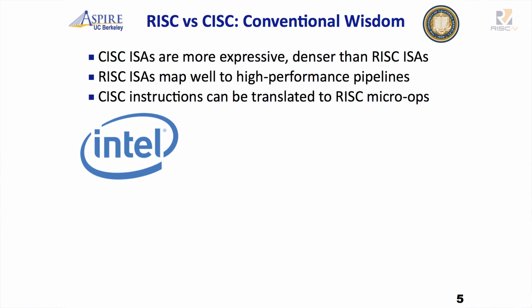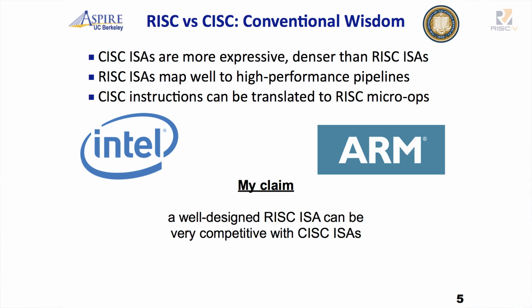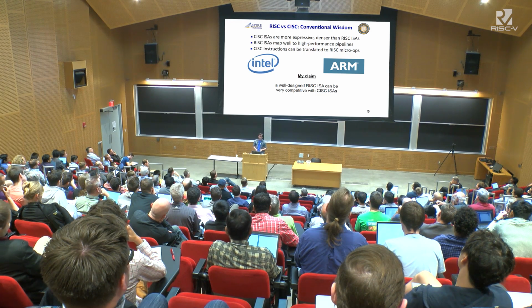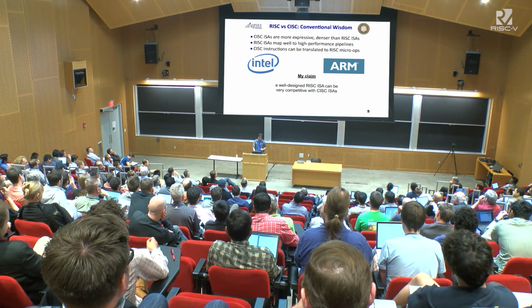And we also have the CISC ISAs from ARM that have dominated the mobile and the embedded. So my claim is that a well-designed RISC ISA can actually be very competitive with CISC ISAs. In particular, a well-designed RISC ISA can be denser, fewer instruction bytes per program, and higher performance, fewer operations per program. We'll see if the data bears that out.